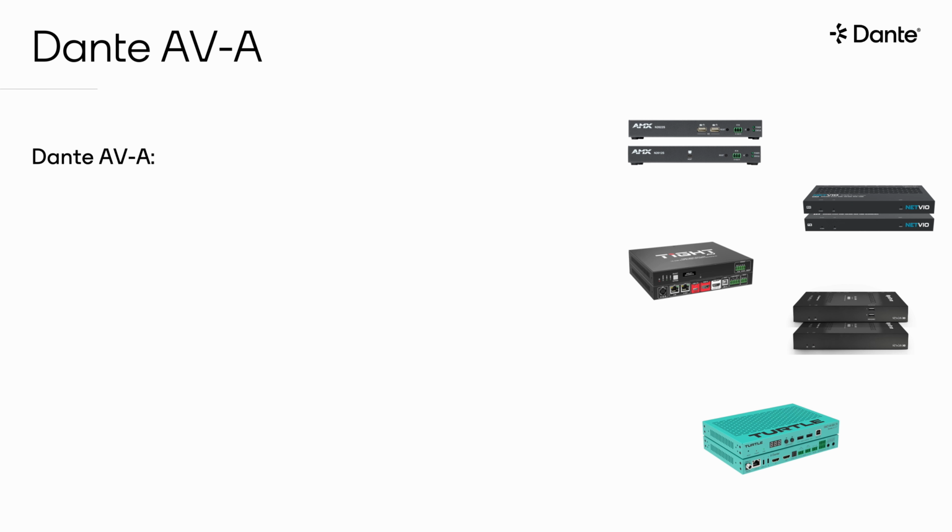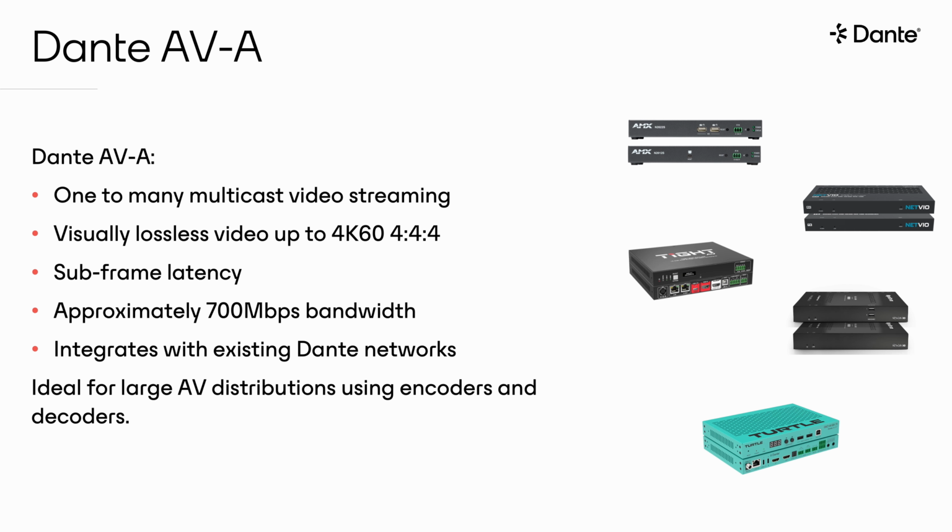Okay, now let's talk about the Dante AVA solution. Dante AVA is another game changer for AV distribution. It provides one-to-many, multicast video streaming with visually lossless 4K 60 4:4:4 video and ultra-low latency at approximately 700 megabits.